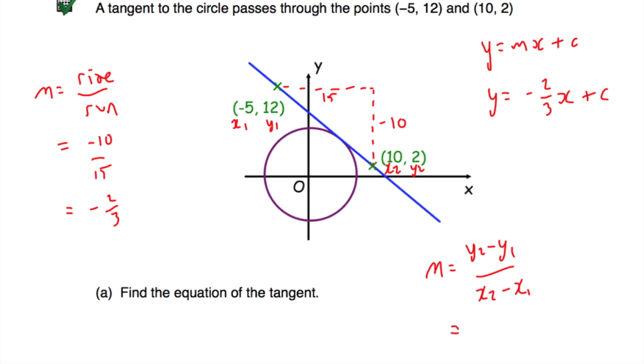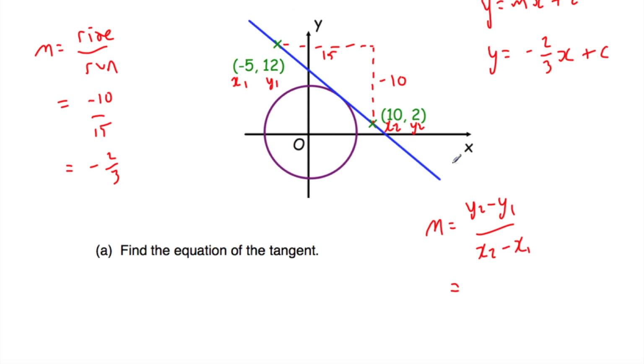I'm just going to do it anyway just in case you like using that formula. You get y2, which is 2, subtract y1, which is 12, divided by x2, which is 10, minus x1, which is minus 5. So we end up with 2 take away 12 is minus 10, and then 10 minus minus 5 is 15, and when you cancel that down, you get minus 2/3 as well. So if you like using that formula, that's totally fine as well.